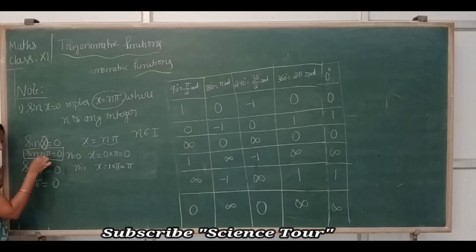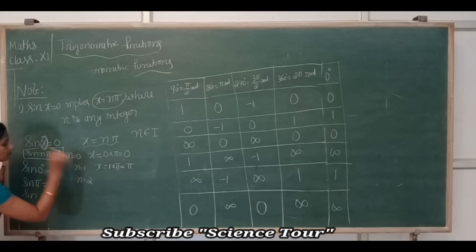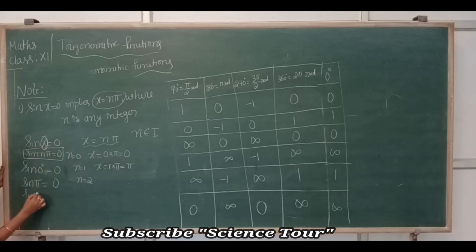When I replace n is equal to 0, 0 into pi is 0, and sin 0 is 0 from the table. When n is equal to 1, 1 into pi is sin pi. Sin pi is again 0. Next I will take n is equal to 2. So n pi can be replaced as 2 pi.